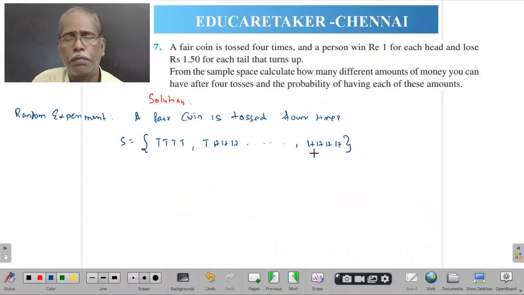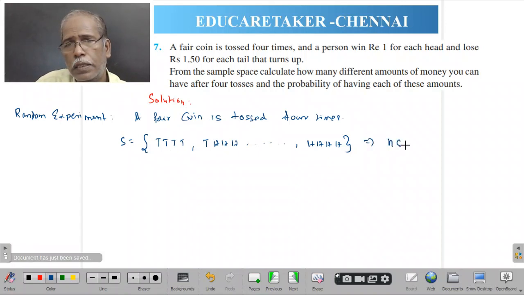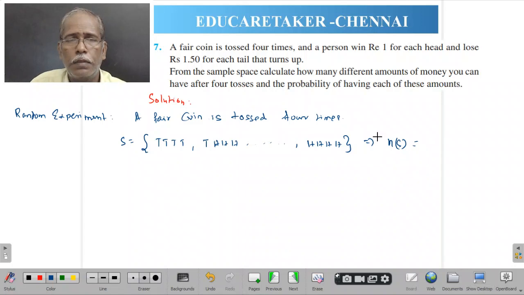If you find all these sample points, the total number of sample points n(S) will be, since each toss has 2 outcomes, from 4 tosses 2 power 4 outcomes, 2 into 2 into 2 into 2, so 2 power 4, that is 16 outcomes.